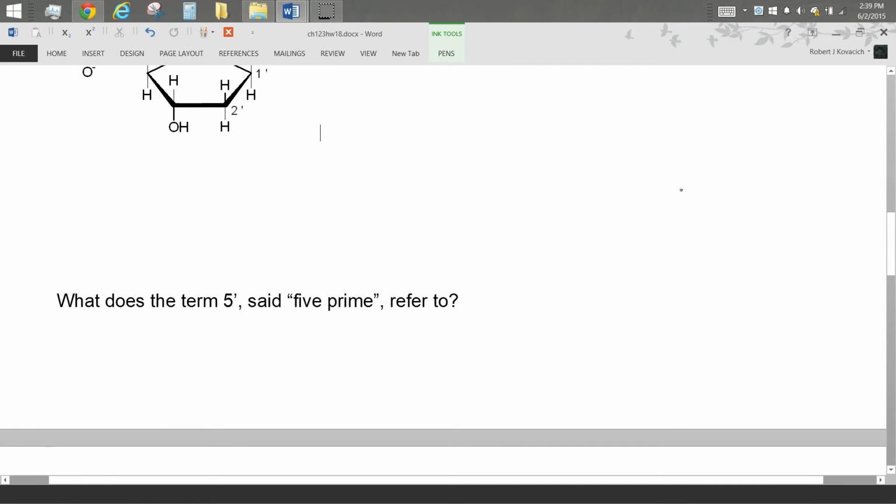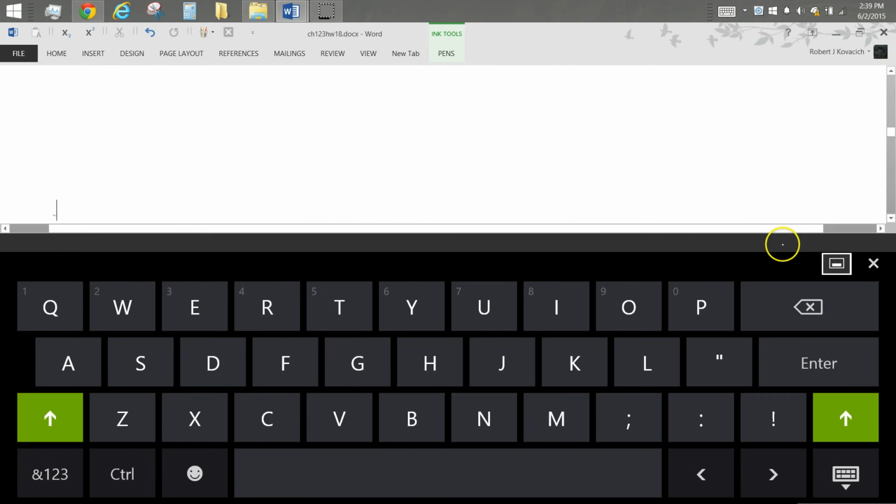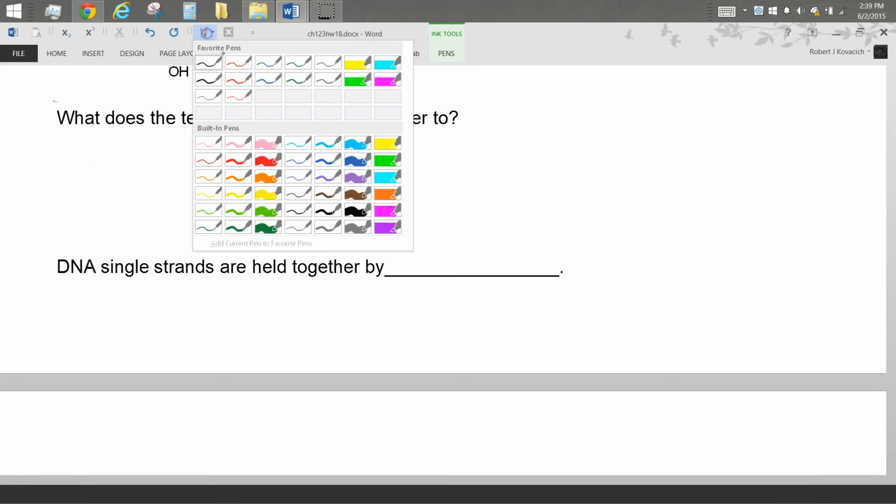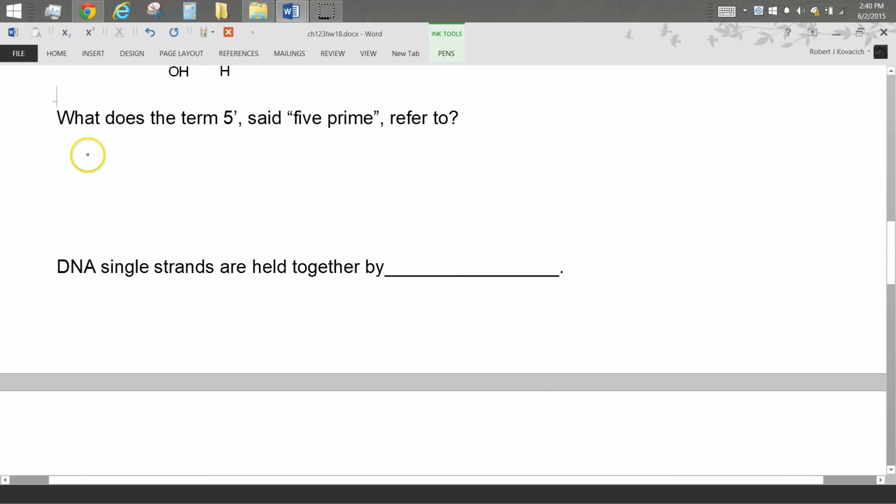What do we mean by this 5 prime? What does that refer to? Fifth carbon. Yeah, a little more specific.